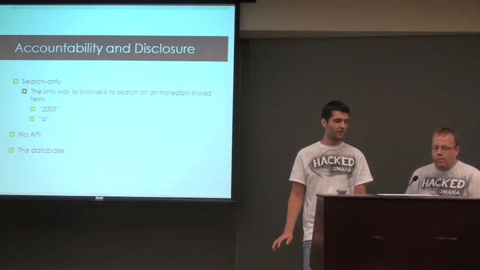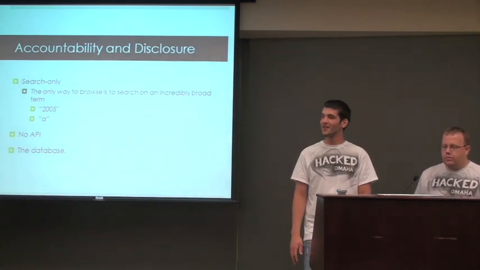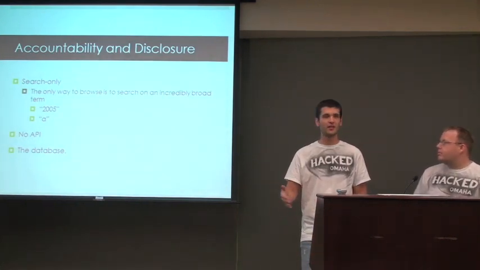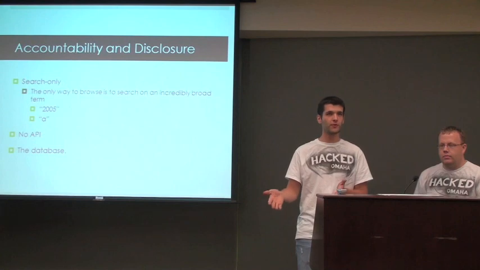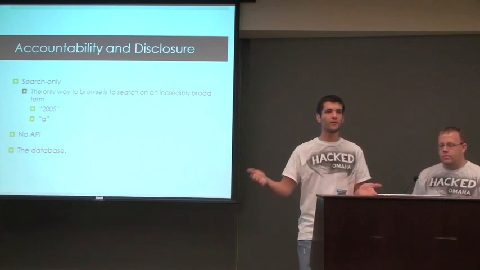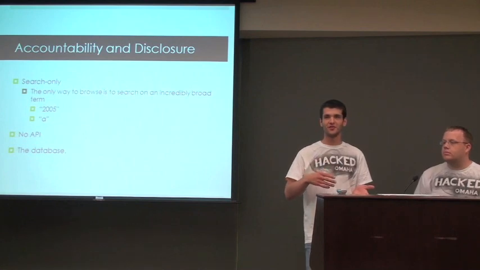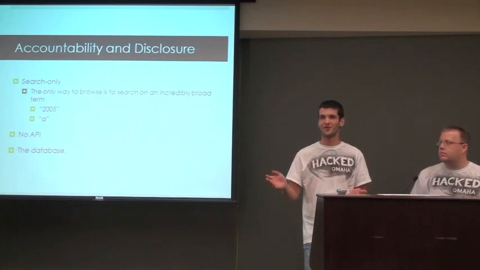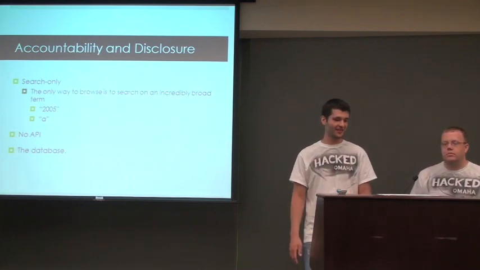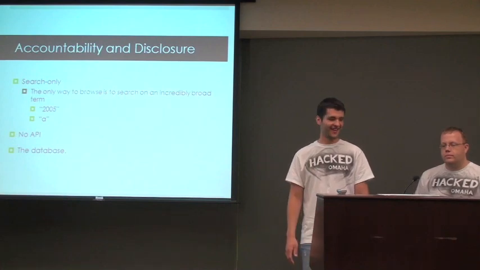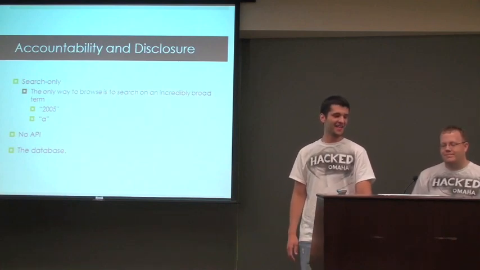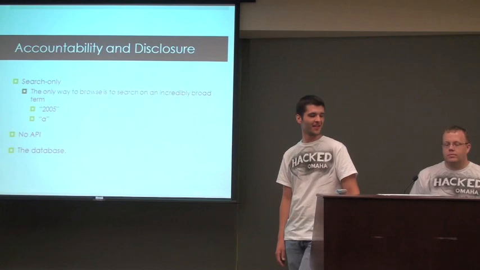There's no search, or you can only do search, I'm sorry. You can't browse, you can't look at relationships between people, between who lobbied for who. The only way to get more than one record actually is to search for something really generic, so search for E or search for A. They don't have an API.